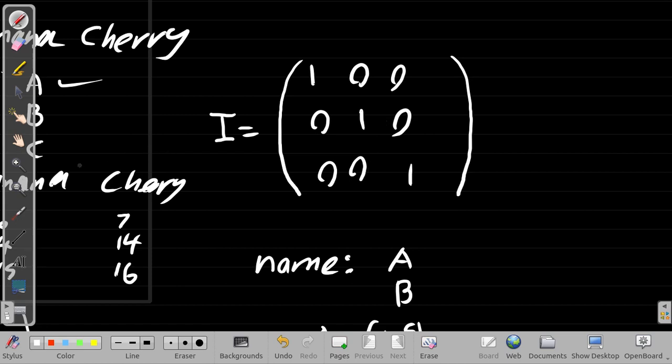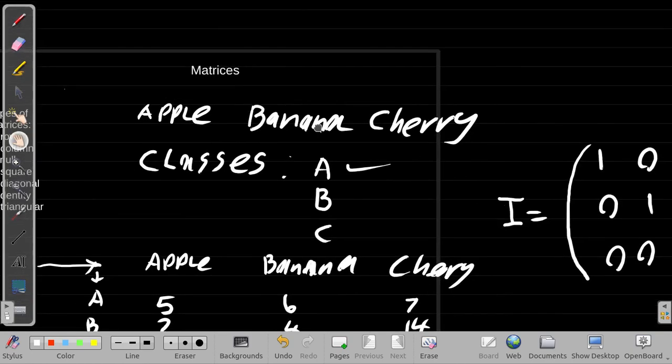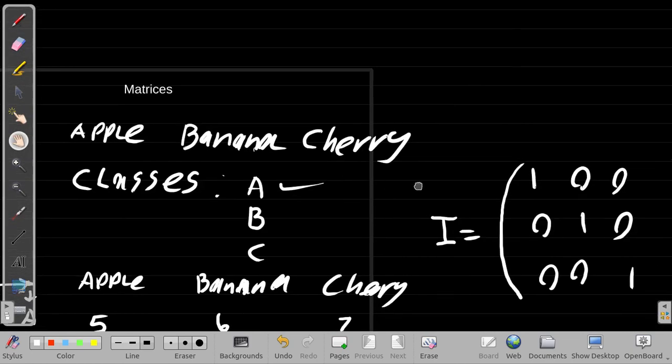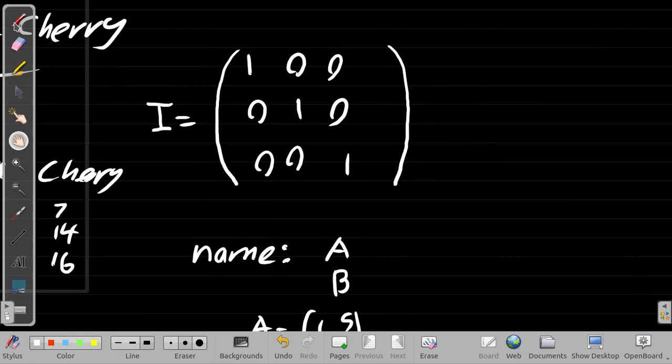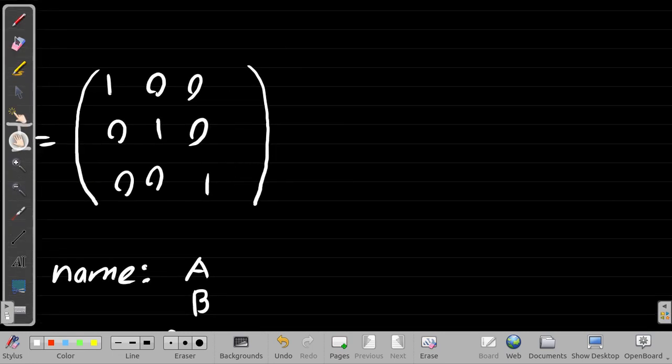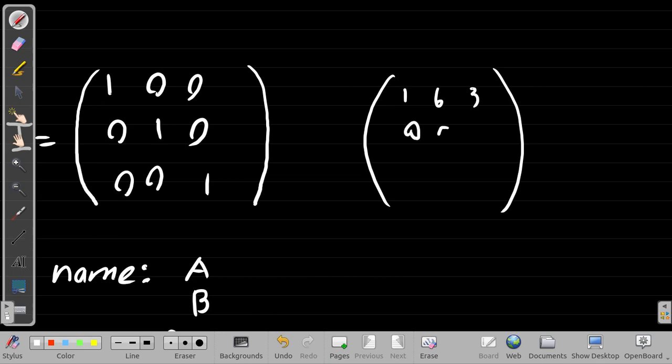Identity matrix. And then the next matrix is called the triangular matrix. What happens is this. You have a matrix, and you have 1, 6, 3, 0, 5, 7, 0, 0, 2.